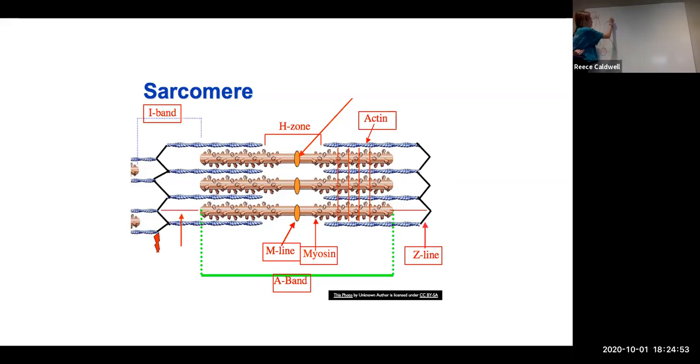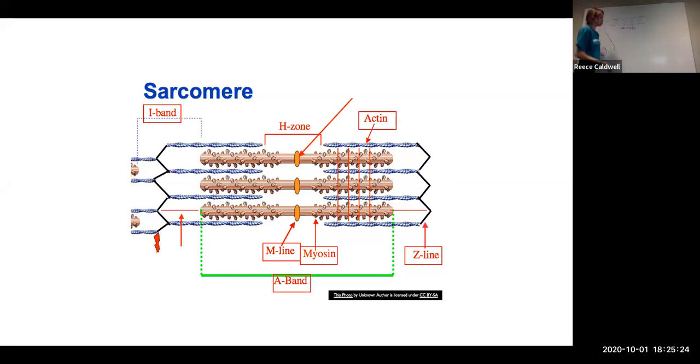So here is one myofibril. In one myofibril, we have about 10,000 sarcomeres. So here's our myofibril, here's our sarcomere.